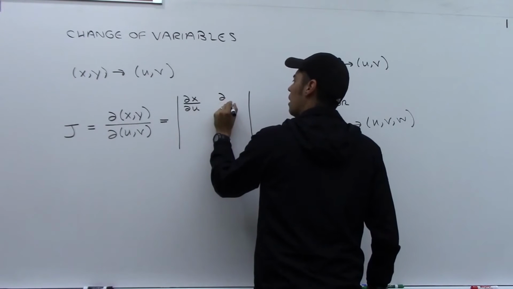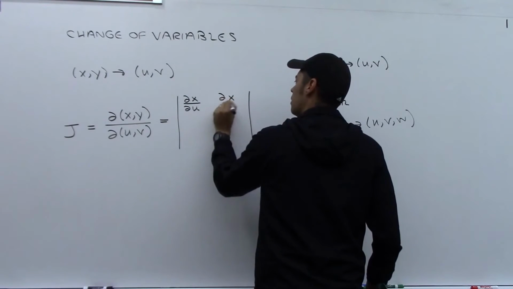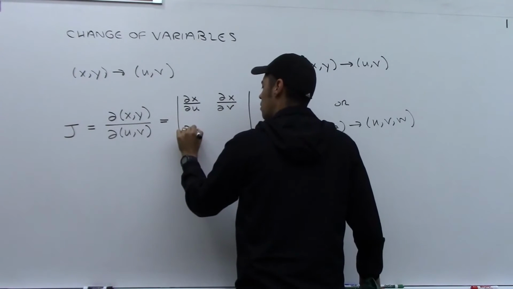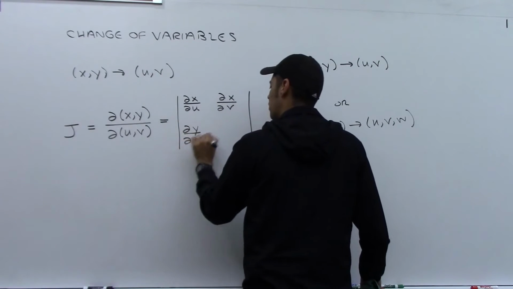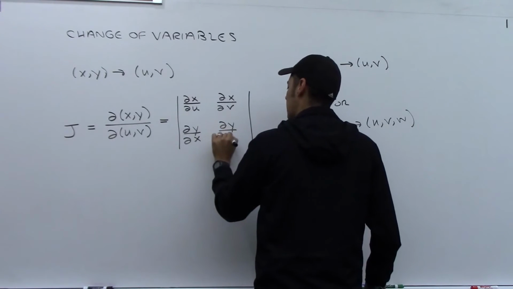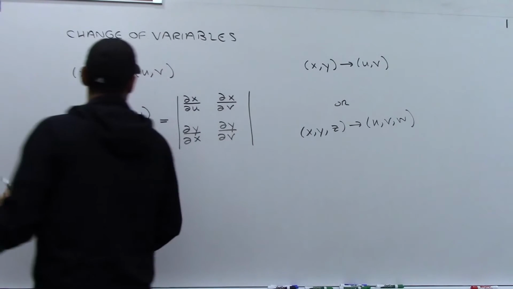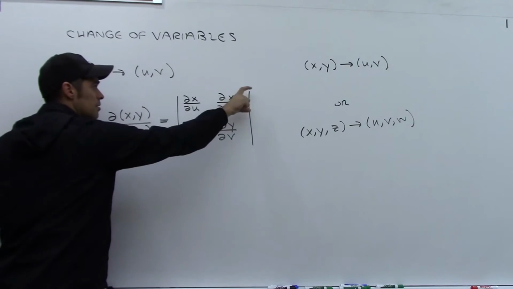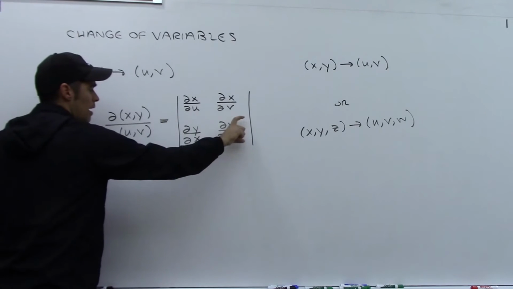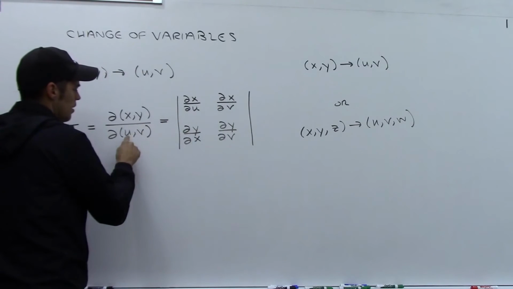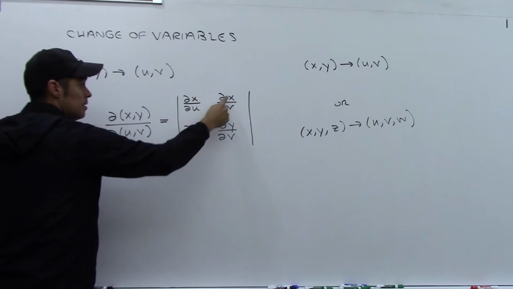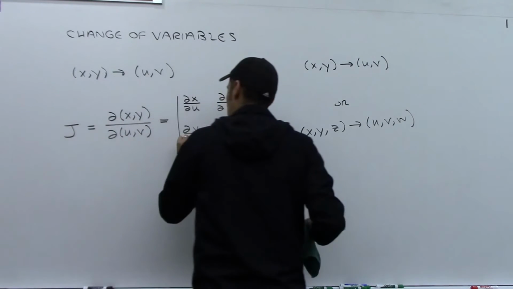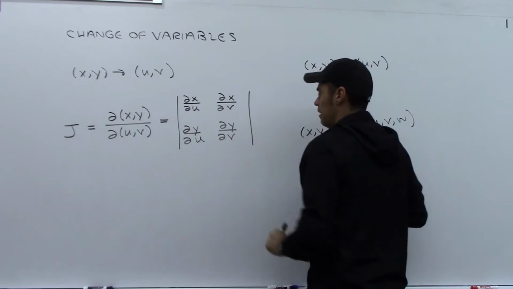Partial of x with respect to v, then partial of y with respect to u, partial of y with respect to v. So one way you could look at it is you have two variables, x and y, so you're going to do partials of x across the top, the second row partials of y, and then you have u and v, so this one is with respect to u, then that one's with respect to v, this one with respect to u, and then this one with respect to v.